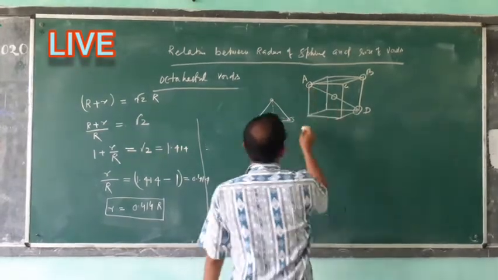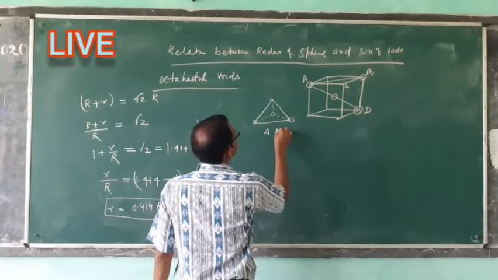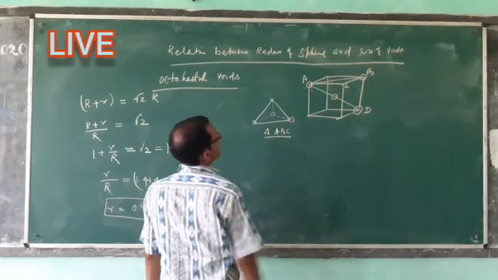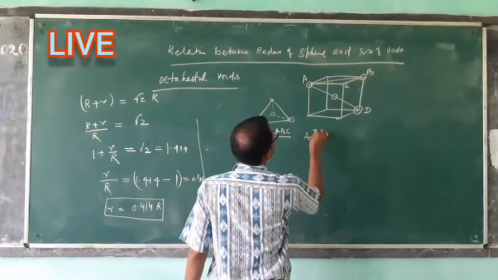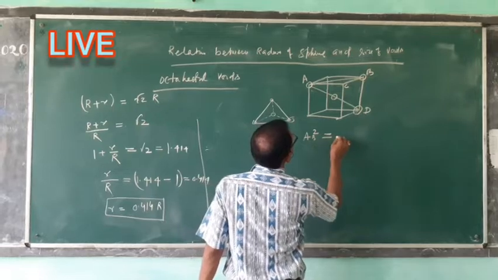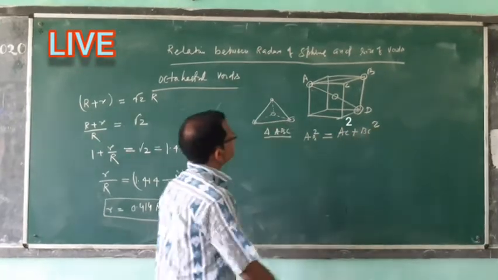So we know the triangle ABC. In triangle ABC, AB square is equal to AC square plus BC square.